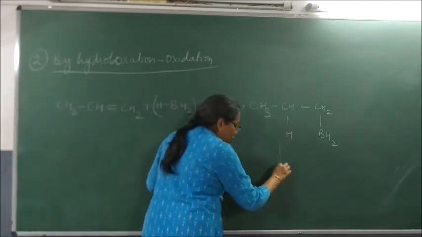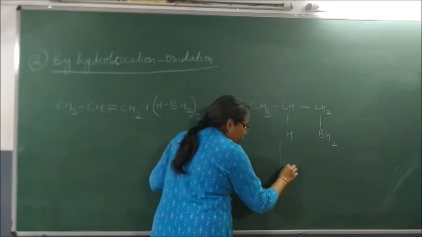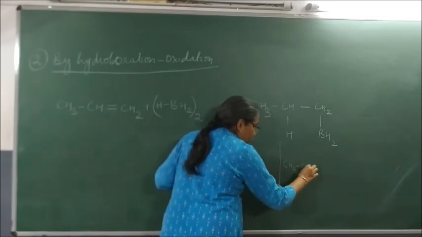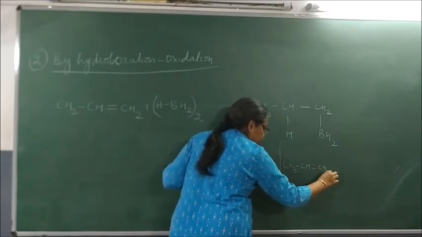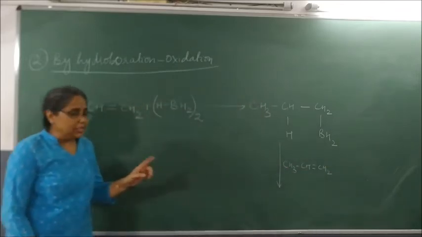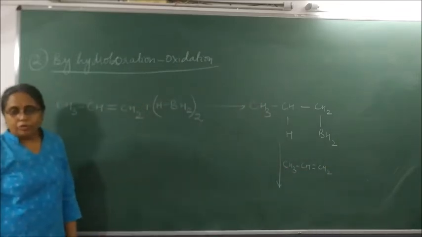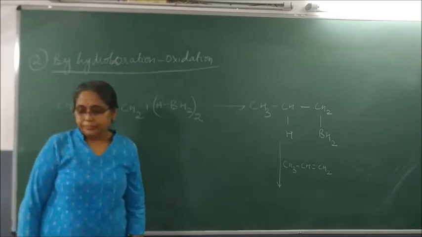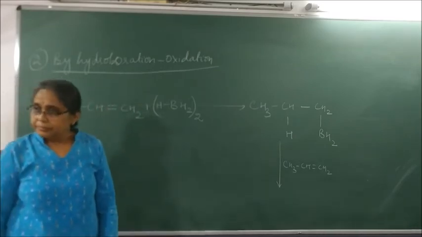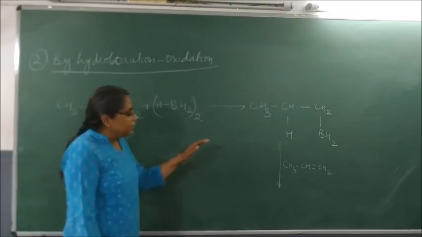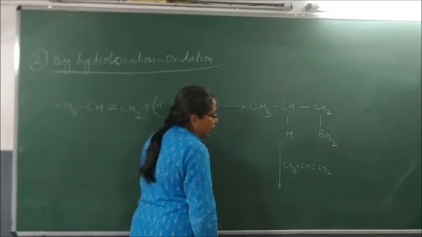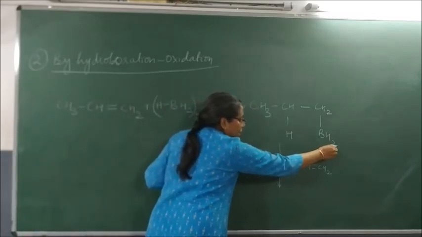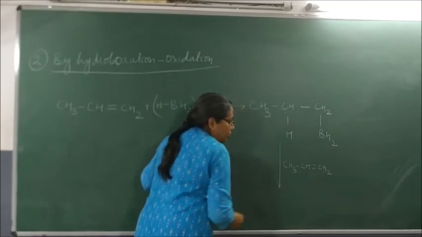Now you react this with one more molecule of an alkene. If I react this with one more molecule of an alkene, this H will get replaced by another molecule.